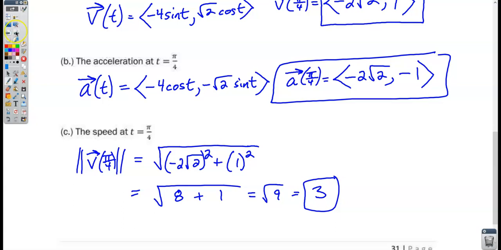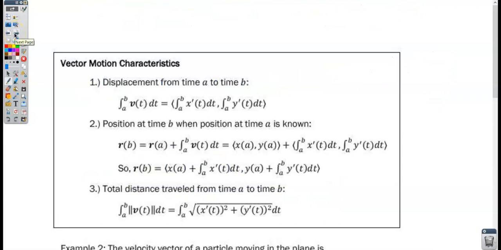On to our second page, a few more motion characteristics that are all related to one another. Displacement, position, and total distance traveled are concepts that we've talked about being associated with one another in rectangular coordinates, and similarly they are associated with one another in vector-valued functions and parametric functions.